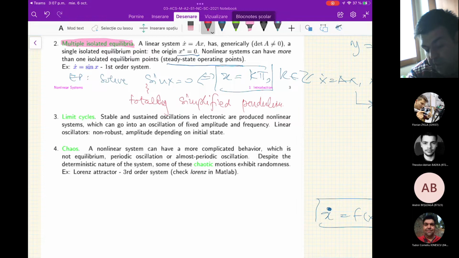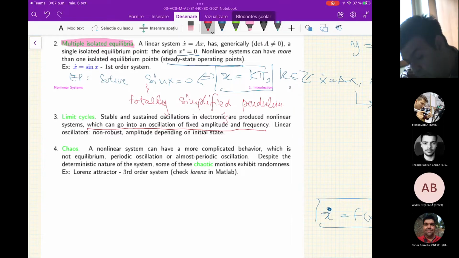That means stable and sustained oscillations in electronics are produced by nonlinear systems, which can go into oscillation of fixed amplitude and frequency and never leave these oscillations. In linear systems, these oscillations are very non-robust because they can easily become unstable or the oscillations can die out.